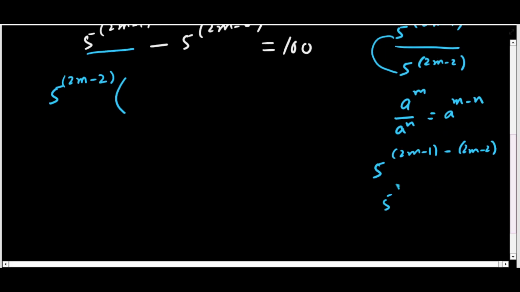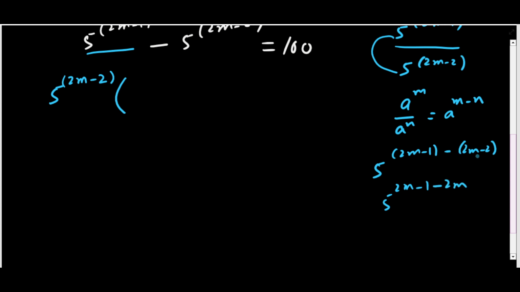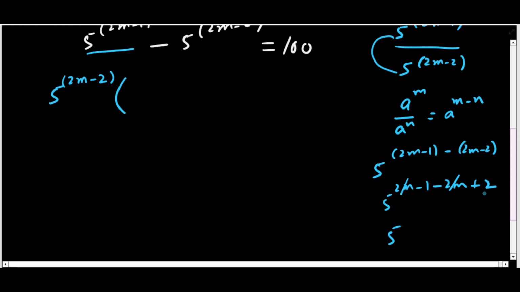Minus 2m, we multiply by the minus sign to this expression, minus multiplied by minus becomes plus, and it becomes 2. This 2m and minus 2m will be cancelled. Then what we get? Minus 1 and plus 2.